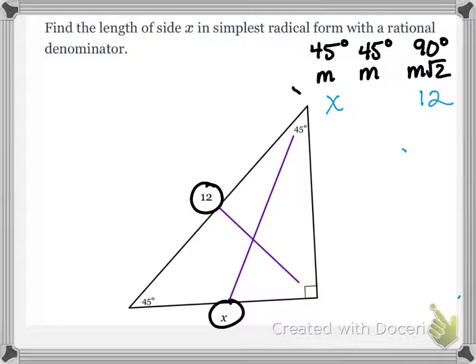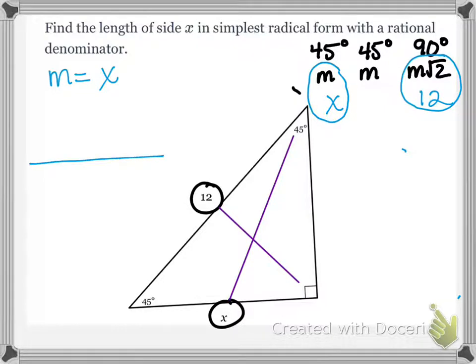So we are going to set these equal to each other and decide what we're going to solve for. So m equals x, and m square root of 2 equals 12.